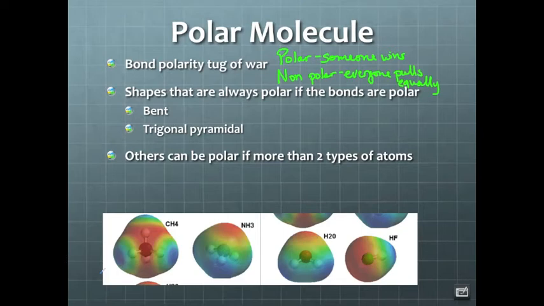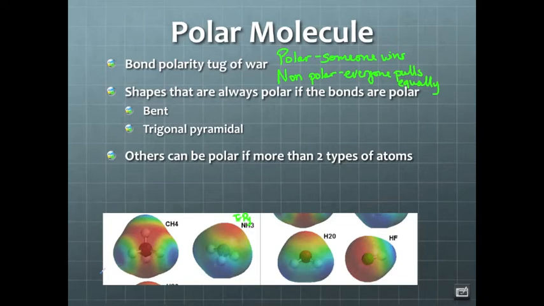Shapes to look out for that are always going to be polar if your bonds are polar are bent and trigonal pyramidal, because those lone pairs make your molecule uneven and give you a place where you're not pulling evenly because there's not an atom there. So if we look at our examples down here, NH3 is trigonal pyramidal.